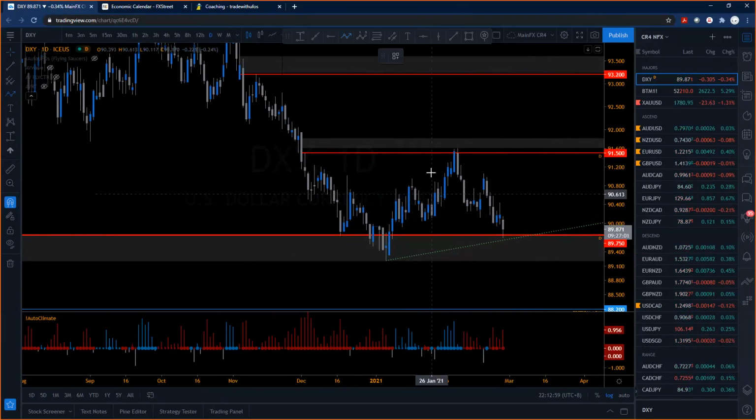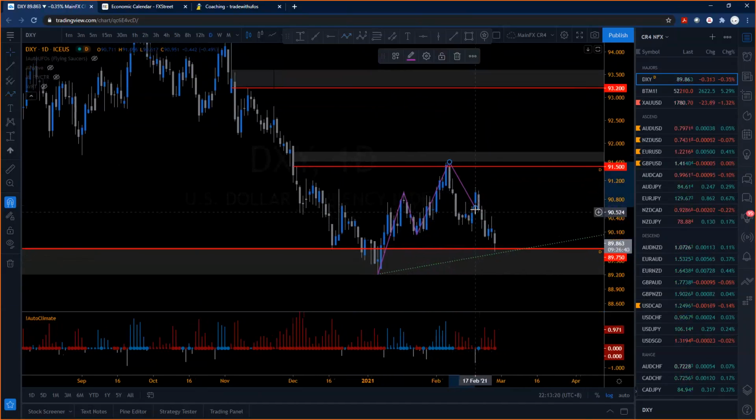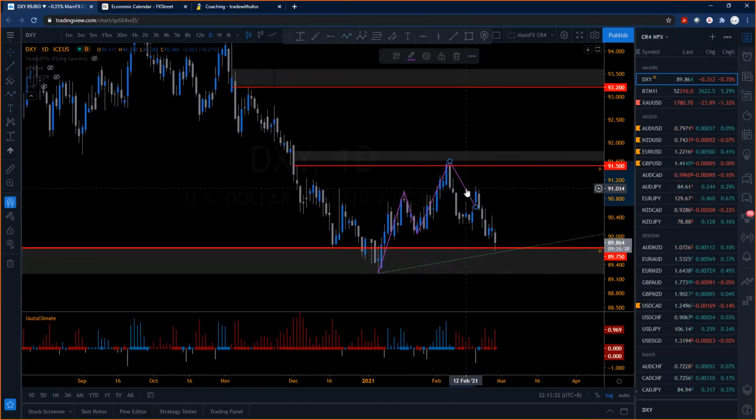If I just do some zigzags, initially when we had the move up, we had an uptrend form. So we had that high broken here. Now we're moving down lower, and it's a little bit concerning that we have these prior lows being broken.